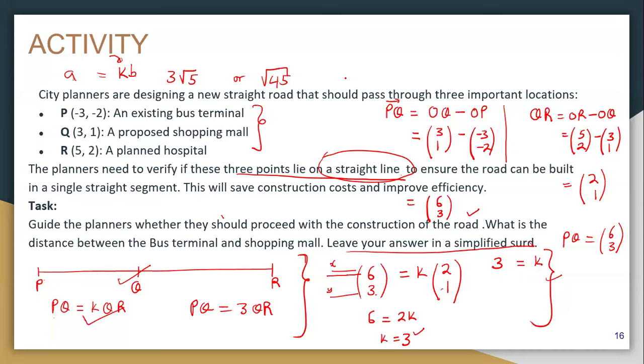You should ask yourself. Here we are leaving everything in surd form. So people who are having root 45, can we go on and have that answer in its simplified form? I think it depends on the calculator. Those who have the modern calculators, I know your calculator can do it.